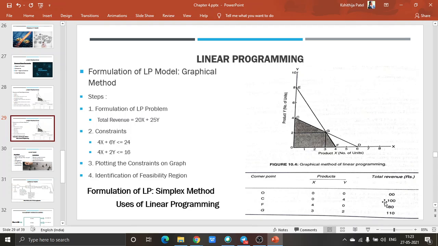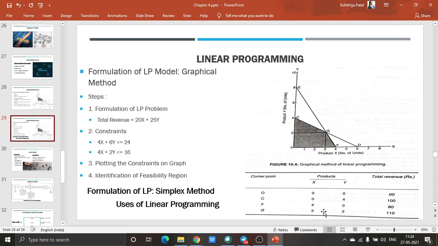And the total revenue we got is 0 into 20 plus 0 into 25, so with both products at 0 the revenue is 0. For the next one, 0 into 20 plus 4 into 25 would be 100. For corner point F, 4 into 20 plus 0 into 25 shall be 80.